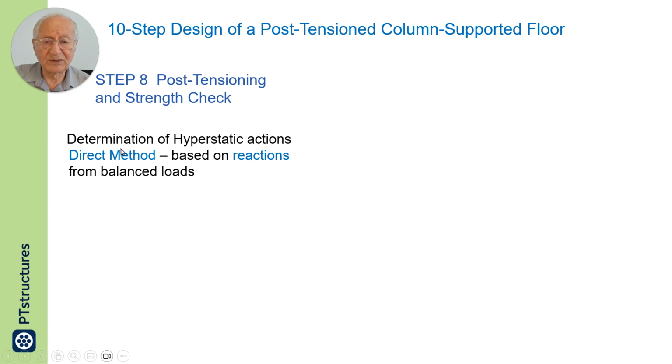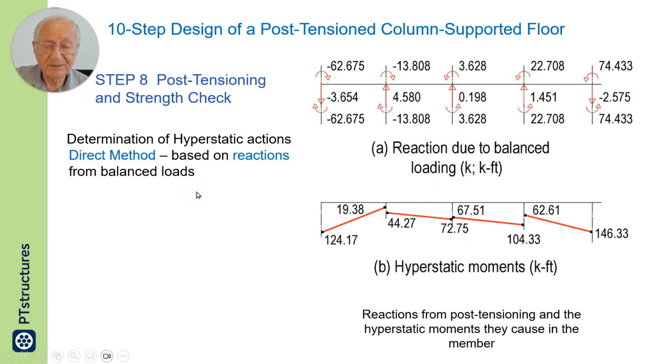So we have to calculate the hyperstatic actions. We use the direct method based on reactions. There are different ways to calculate hyperstatic actions. I have used the direct method. This direct method applies to all conditions.